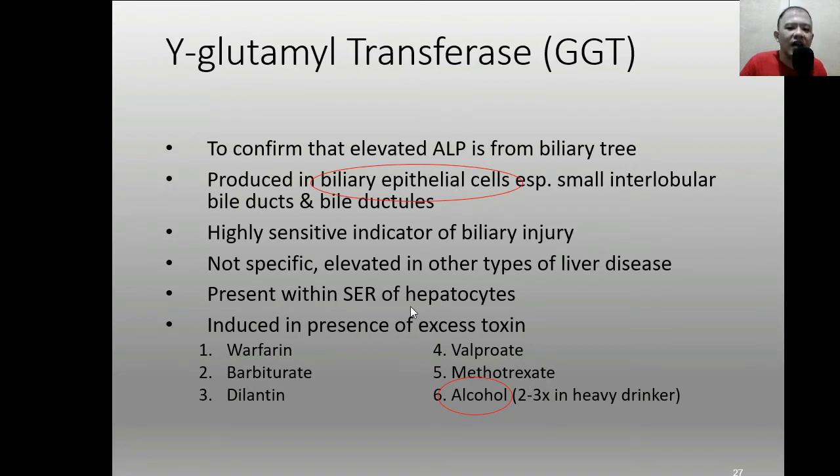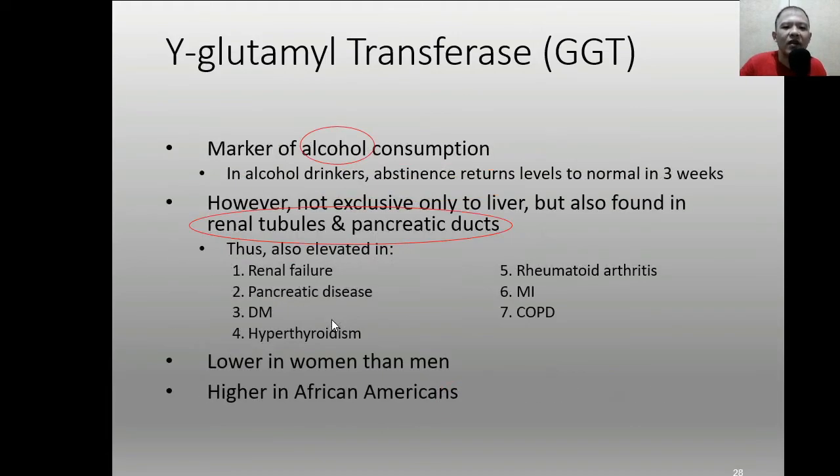Second is alcoholism, as well as the presence of other toxins. It is a marker of alcohol consumption. However, it's not exclusive to the liver, because it is produced by the kidneys and the pancreas.